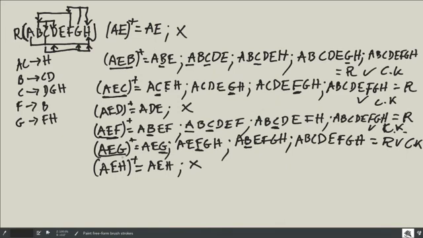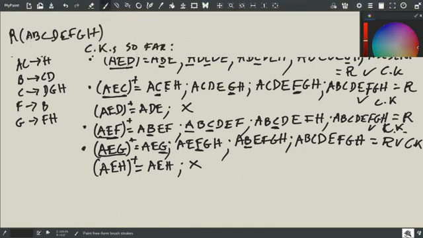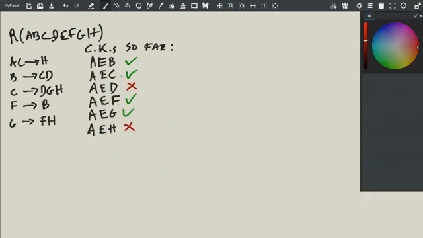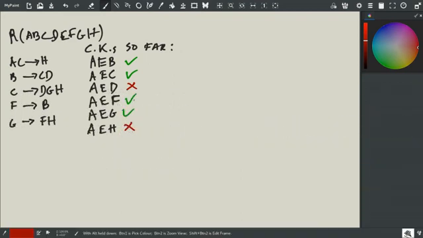So AE has been combined with all of the other possible attributes. Okay, and we have 4 candidate keys. So now we have the candidate keys, in green, and the ones that are not candidate keys in red.